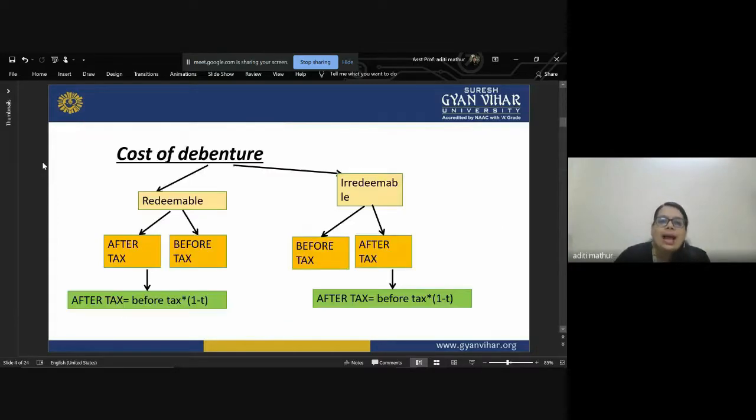So now let us just understand what all will be the part of cost of debentures. So debentures can be of two types, that is redeemable and irredeemable. And these redeemable and irredeemable can further be understood with after tax effect and before tax effect.